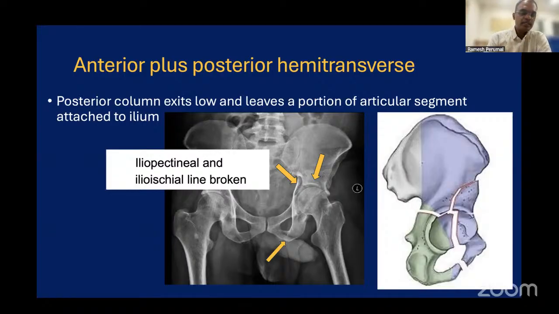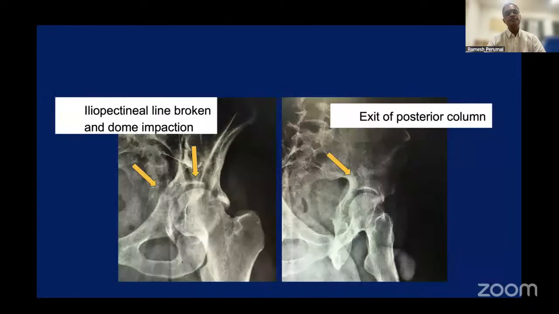So here you can see both the lines are broken and also a part of an articular fragment is attached to the ilium. The findings in this X-ray: you can take an obturator oblique view, the iliopectineal line is broken and you can also see the impaction of the dome. In an iliac view you can see the extension of the posterior column.